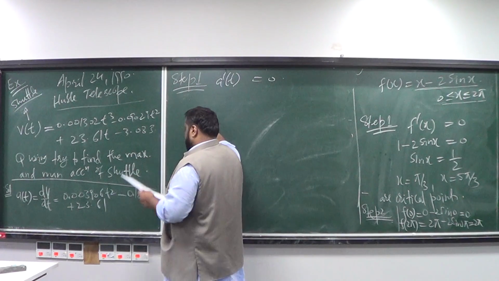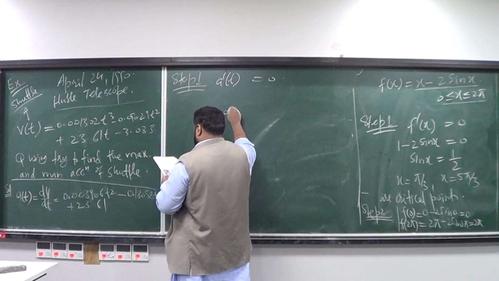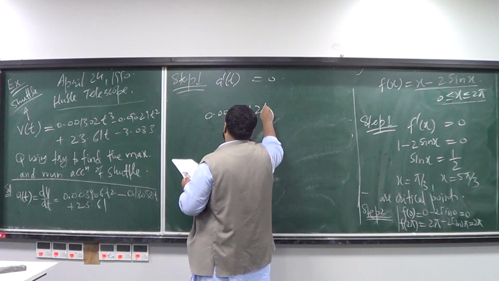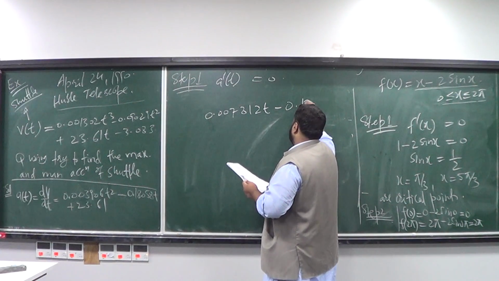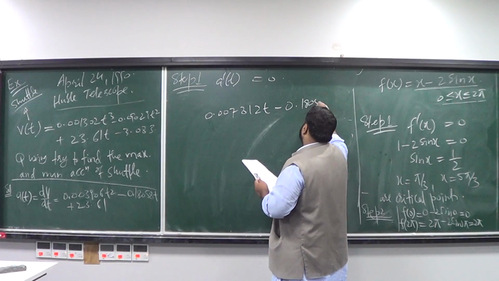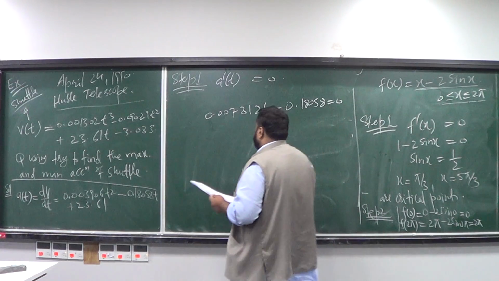So this will become 0.007812 t minus 0.18058, and this is equal to 0.